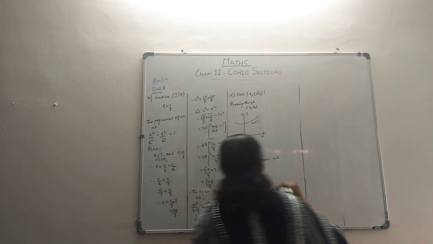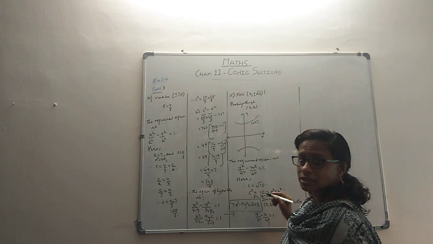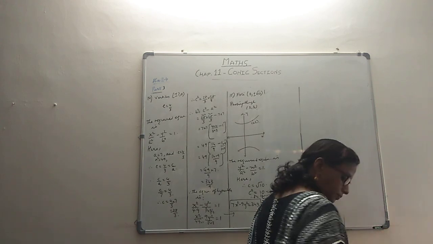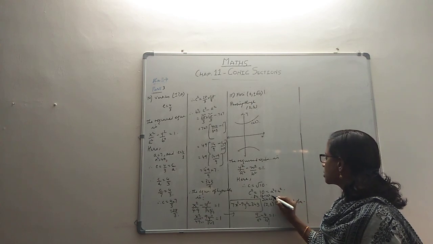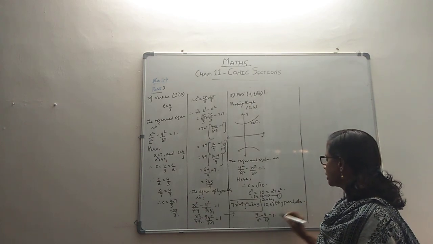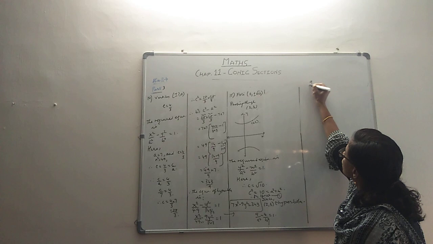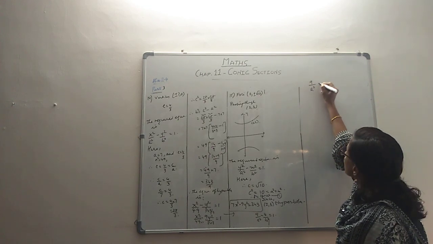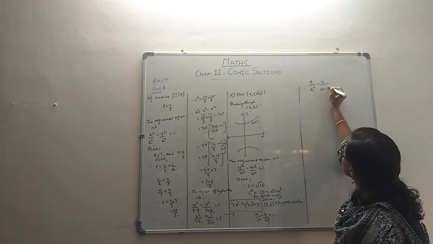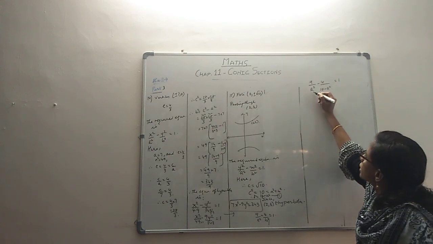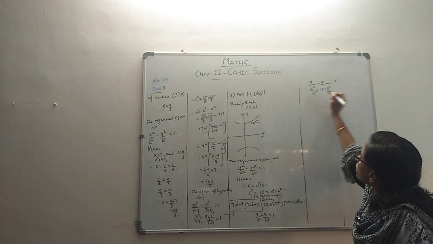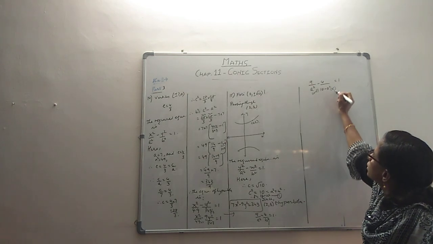So when we modify it, I hope this is clear, we are taking b squared as 10 minus a squared. Now let's put it over here. B squared is 10 minus a squared. There is no other work rather than equalizing, so you have to multiply by 10 minus a squared both in the numerator and denominator, here by a squared.